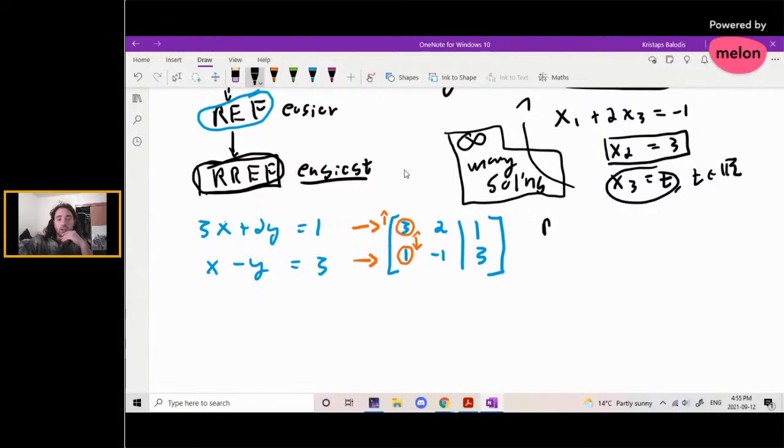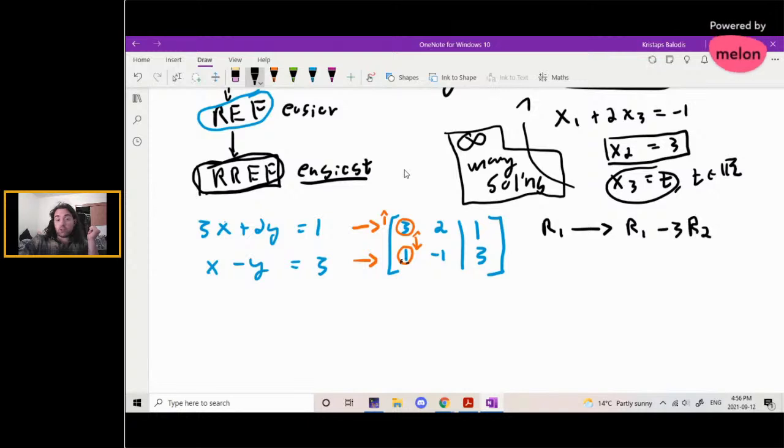I could take row 1, and I'm allowed to subtract scalar multiples. So if I did 3 times the first row, then I'd get 1 times 3 down here, and I could subtract that off to get rid of that 3. Right? So that's one option.